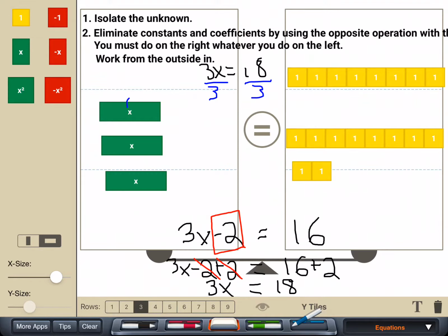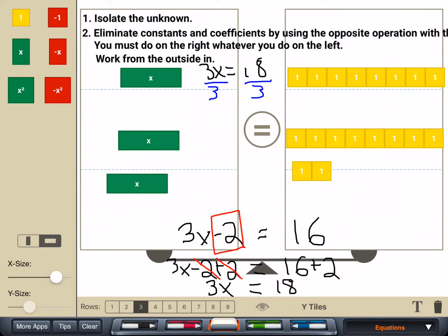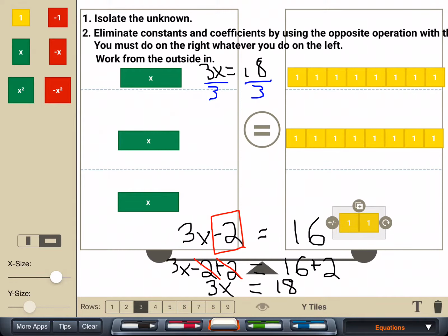So I'm going to not use the marker. There you go. I'm going to move an x into each of these 3 sections. Now I need to move equal numbers of ones in each of these sections, because when you divide by 3, you divide into 3 equal parts. I'm making thirds here.